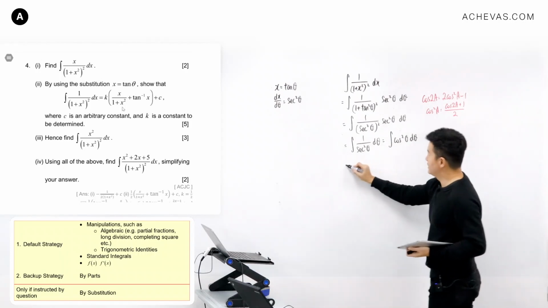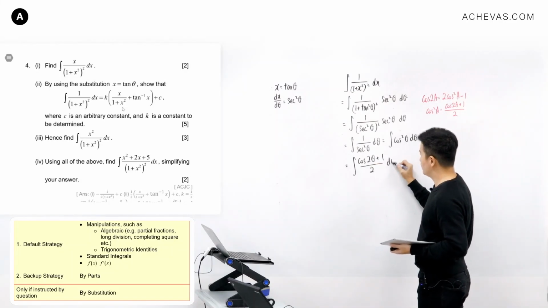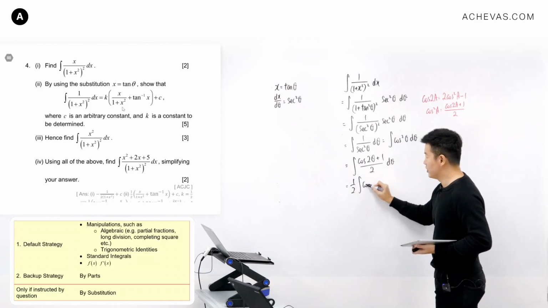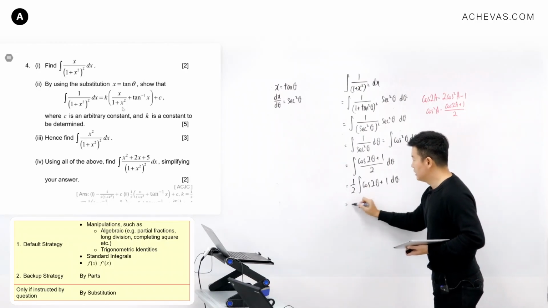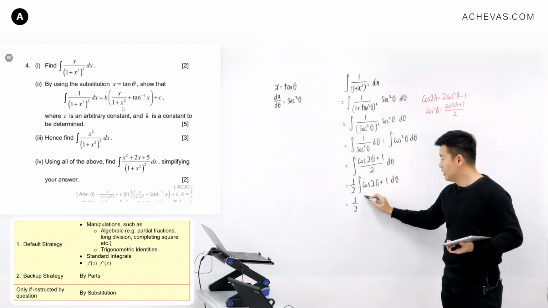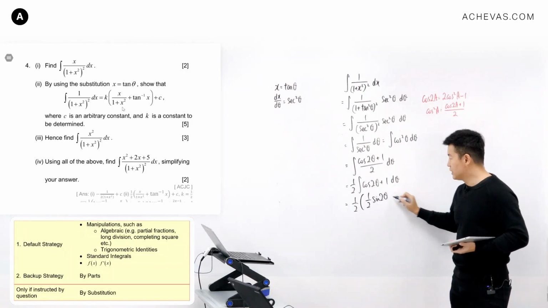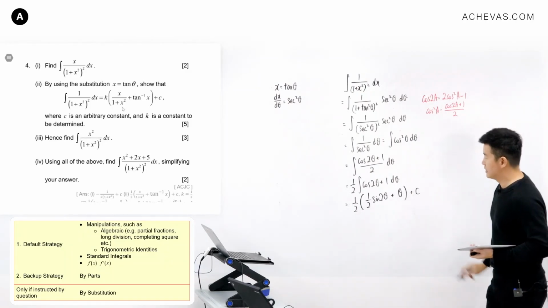So I'm going to replace this by cosine 2 theta plus 1 divided by 2 d theta. 1 over 2, I'm going to just take it out, so I'm going to be integrating this plus 1 d theta. This is going to be equal to half. Integrating this is an easy integral. This is going to be equal to 1 over 2 sine 2 theta, then plus this. This is going to be theta, then plus c.